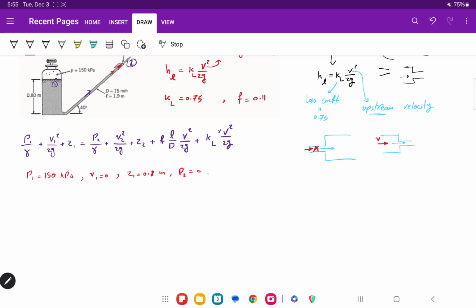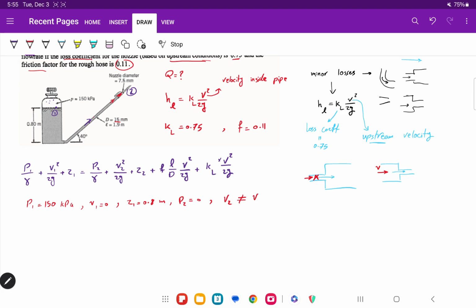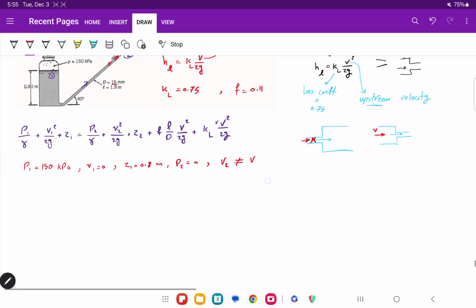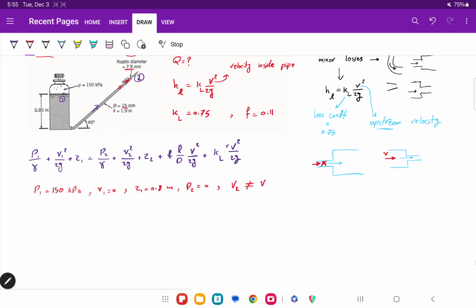We should calculate velocity at point 2, and remember that here V2 is not equal to V. V is the velocity inside the pipe with a diameter of 15 millimeters, but the nozzle diameter is 7.5 millimeters. It's half of this. So V2 is greater than V. Why?